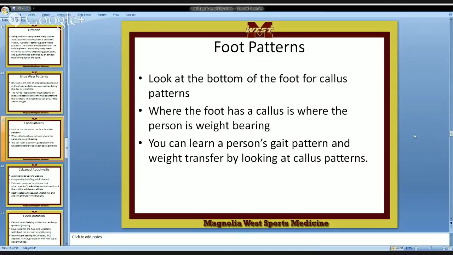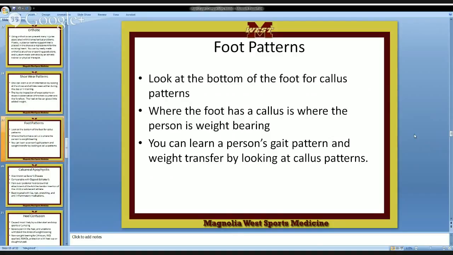Hold your foot up. What we're looking for here is calluses. We do this one too. Both of them up. These are a few things that I'm seeing. You can see the heel strike right here. That's where you start to get a callus.